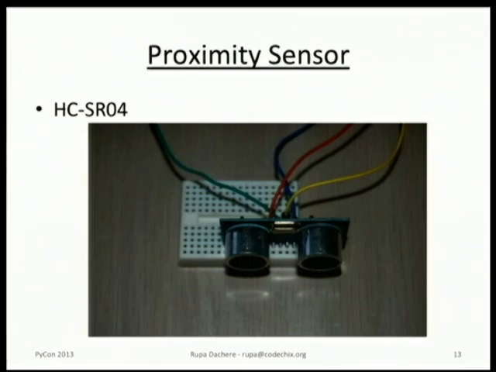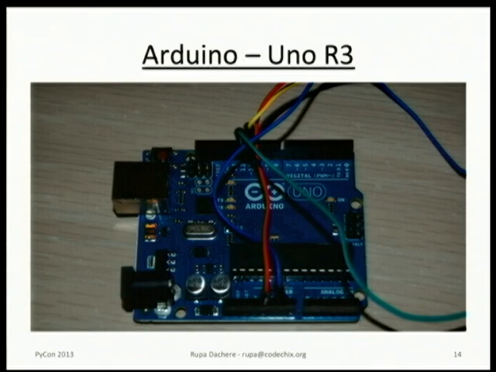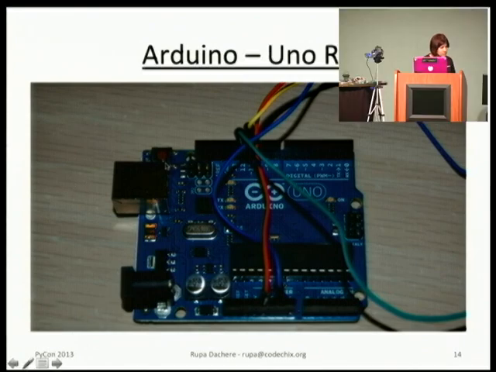This is the proximity sensor that I'm using, and its maximum range is 16 feet. This is the Arduino Uno R3. That's what I'm using here. And just a quick run through of the components that are relevant. This is a USB port right here. These are all the digital pins up here.